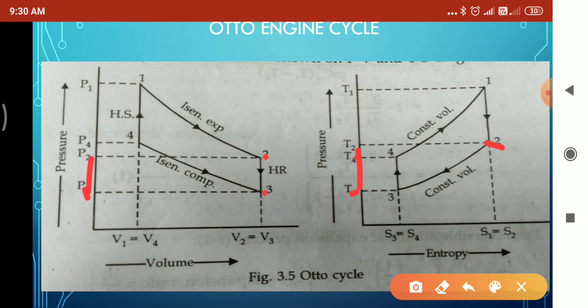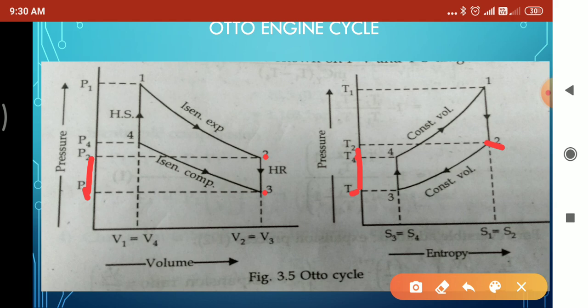When volume is constant, heat is rejected from the system to the atmosphere. This is called the constant volume cooling process.